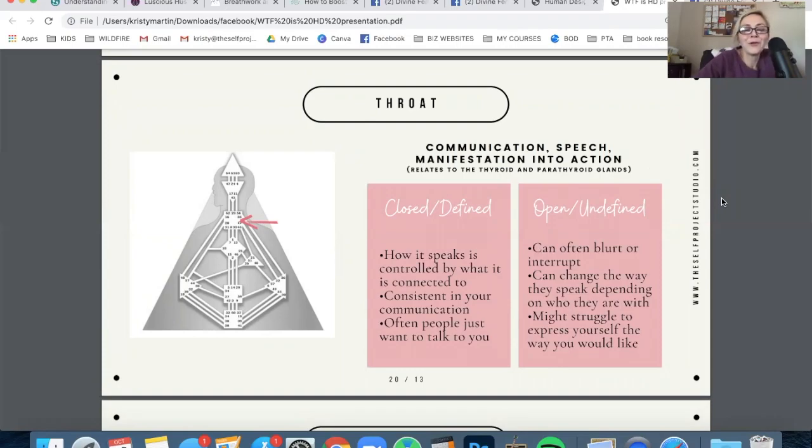So throat, if you have it closed, defined, colored in, how it speaks is controlled by what it's connected to. Say you have a closed throat. I have a closed throat and I have my whole channel colored in from the 1 to the 8. This center here is all about self. So basically, I like to talk about myself.